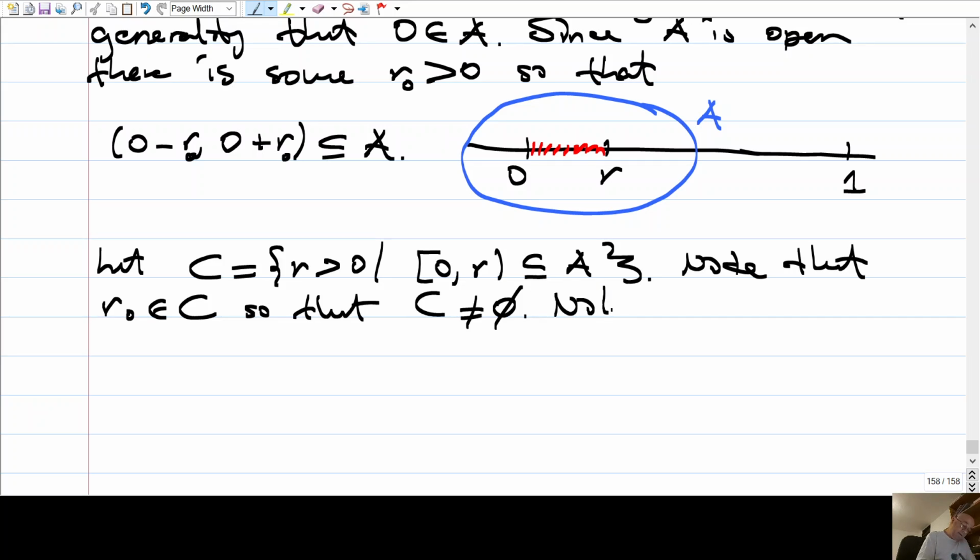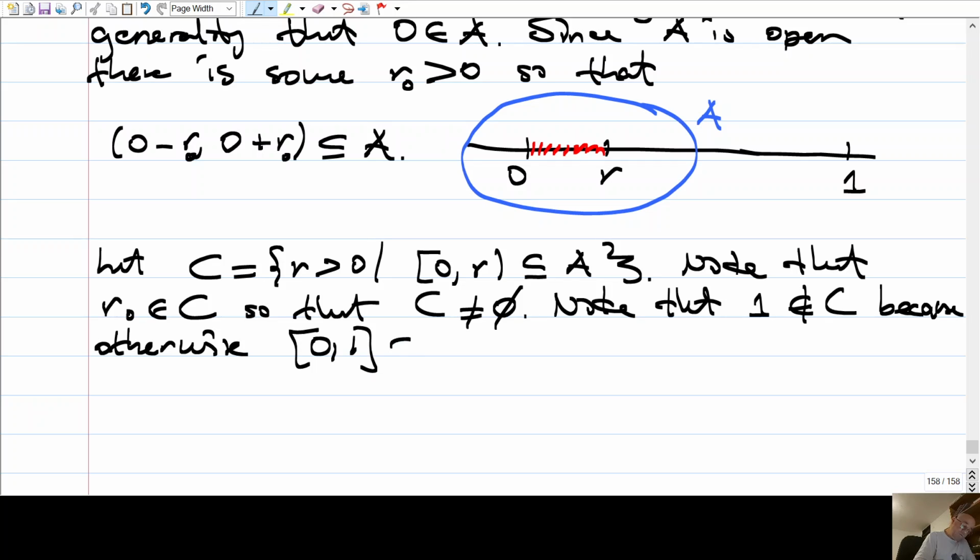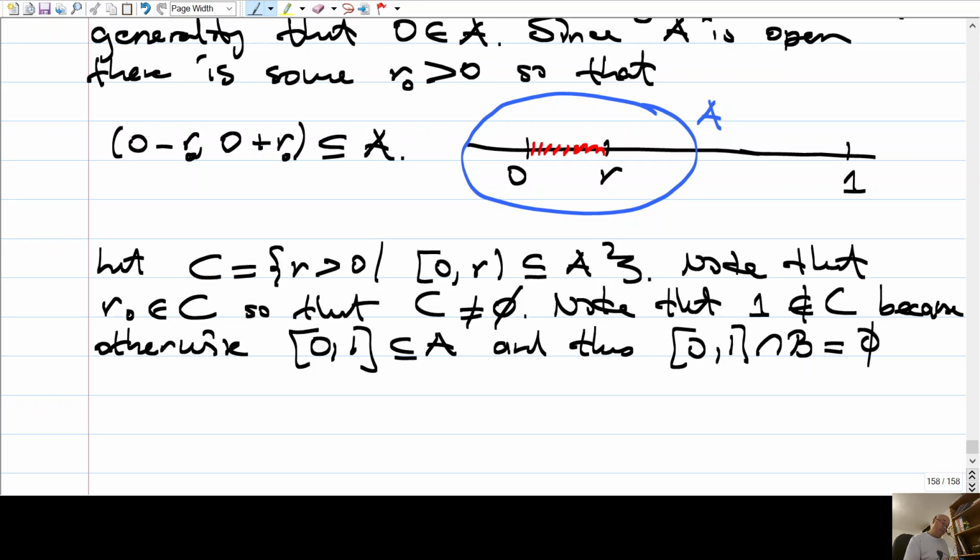Okay. Note that 1 is not in C, because otherwise [0, 1] would be in A, and thus [0, 1] intersection B would be empty, because the intersection of the three subsets [0, 1], A and B is empty.